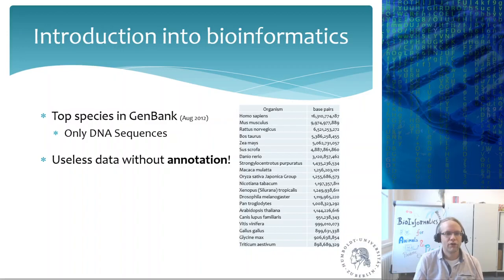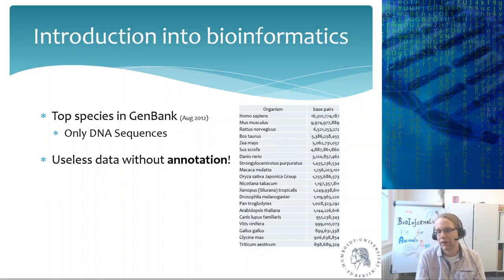So just an overview of which species are in GenBank. We have humans, mouse, rats, and cows, and those are the main species in GenBank. Of course, all of these base pairs that we have stored mean nothing if you do not have annotation. DNA sequences without knowledge projected on them are more or less useless. But of course, humans and mice are the most important animals, closely followed by rats and cows.